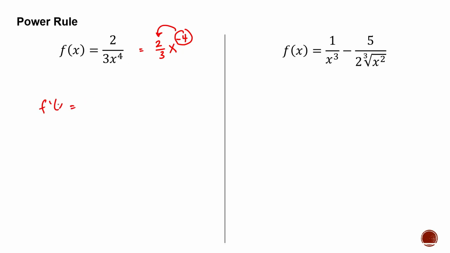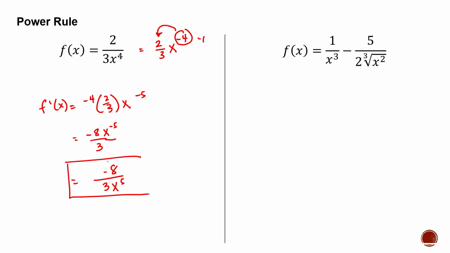So first derivative, negative 4 times 2/3, and then x, negative 4 minus 1 is negative 5. Okay, so this is going to be negative 8 over 3, and then x raised to negative 5. Of course, we want the exponent to be positive, so let's put it back and use the laws of exponent in the denominator, x raised to 5. There you go. And this is our final answer.